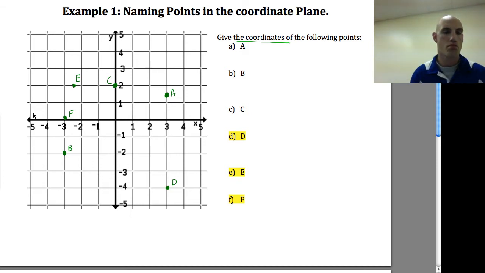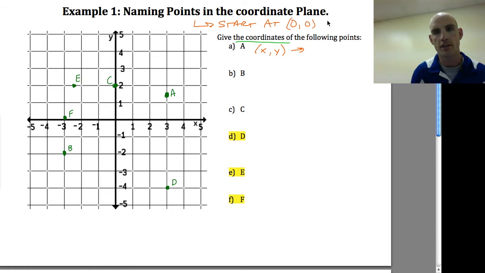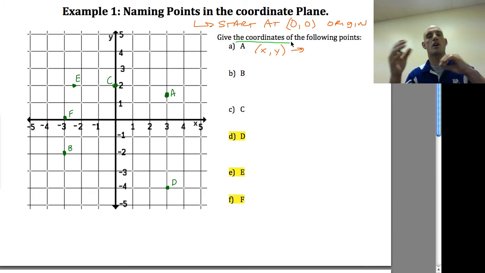Let's look at A. If I look at A, I know that it's going to be X, comma, Y, and I always start at 0, 0, which is the origin. And if I'm going to talk about X, comma, Y, X comes first. So how far do I go left to right to get to A?